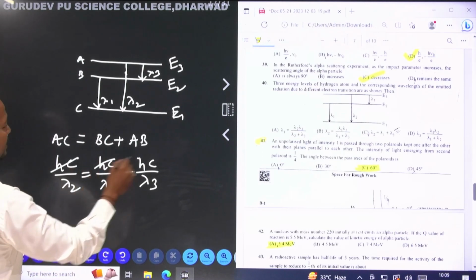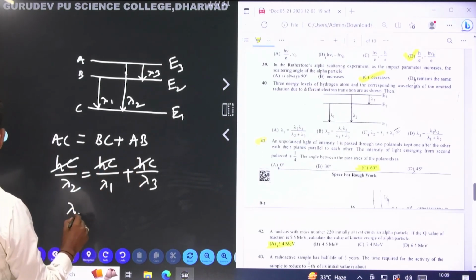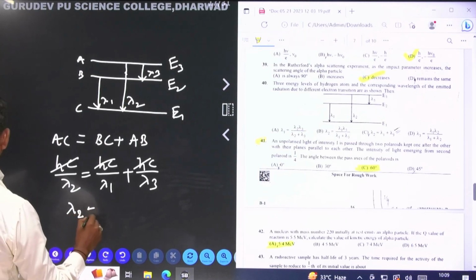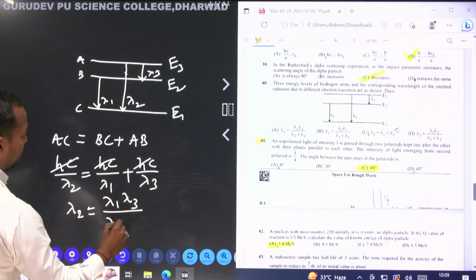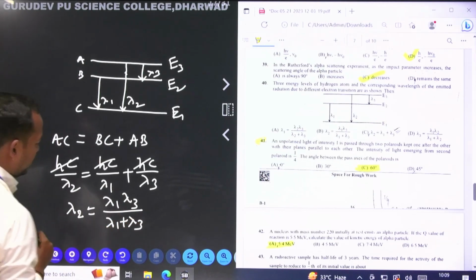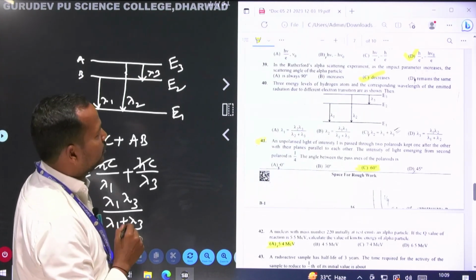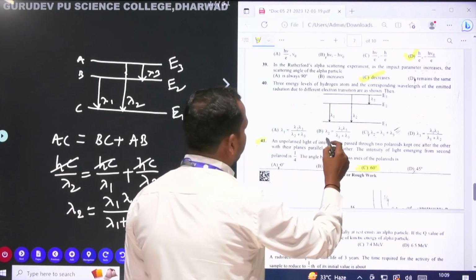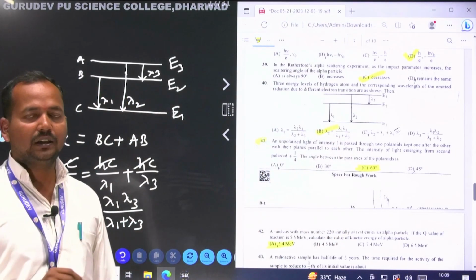Then hc will get cancelled. After solving this, you will get lambda 2 is equal to lambda 1 into lambda 3 divided by lambda 1 plus lambda 3. So this is the answer. Therefore, the right option for this one is option B. For the 40th question, option B is the right answer.